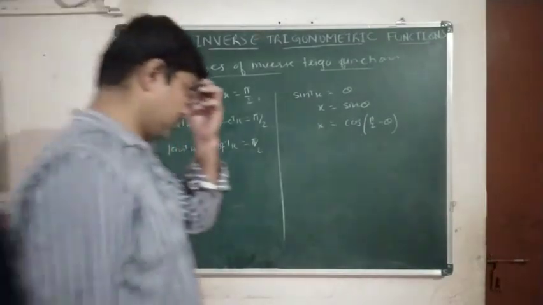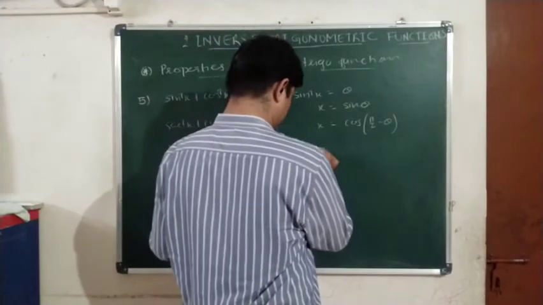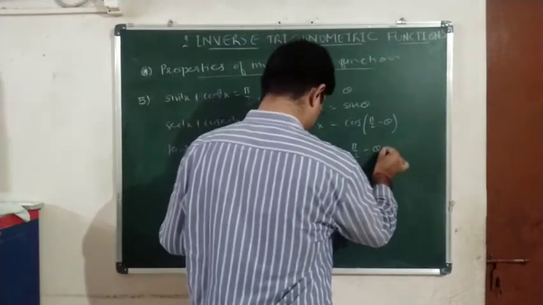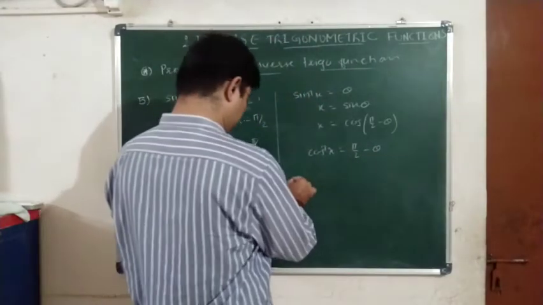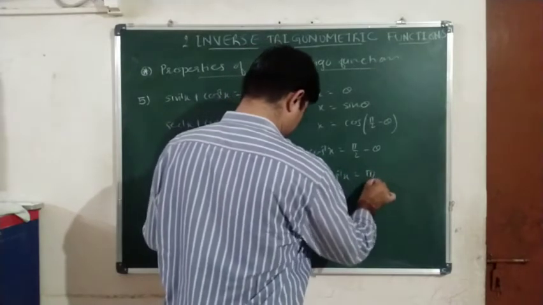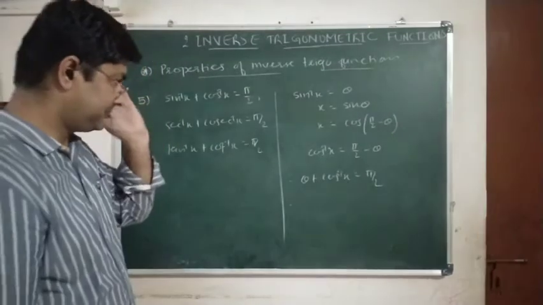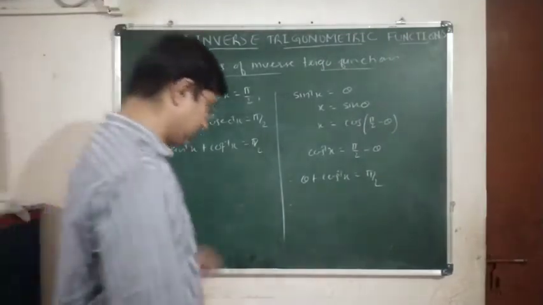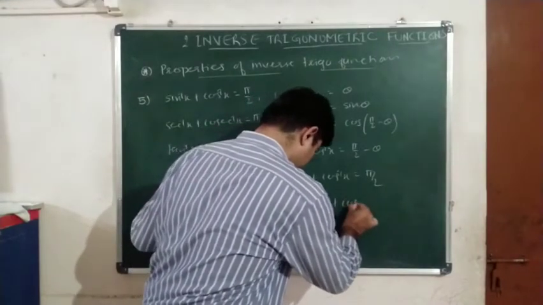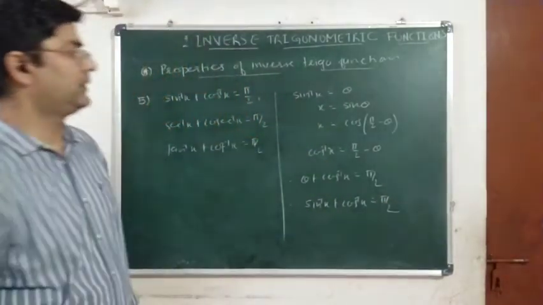Yes or no? Therefore cos inverse x is equal to pi by 2 minus theta. Now transpose minus theta, so theta plus cos inverse x is equal to pi by 2. Therefore theta, what is theta? Sin inverse x. Sin inverse x plus cos inverse x is equal to pi by 2.